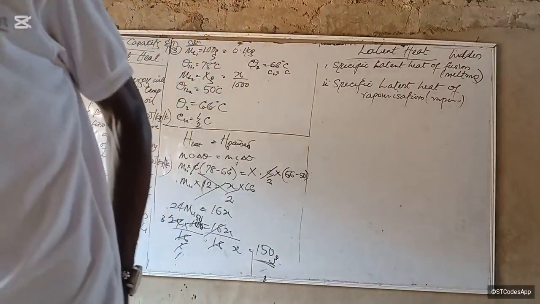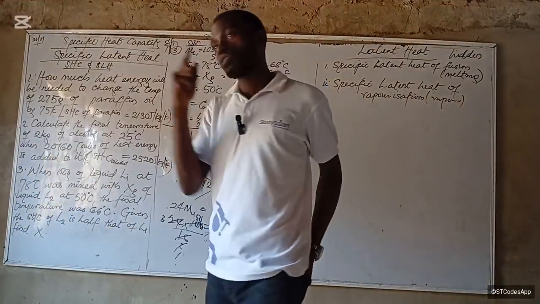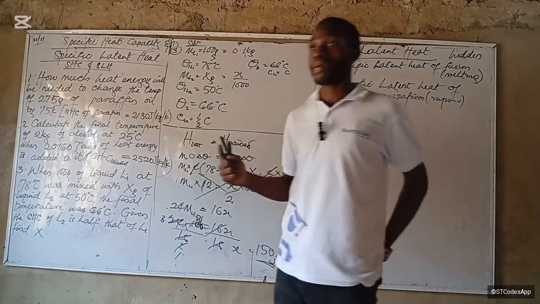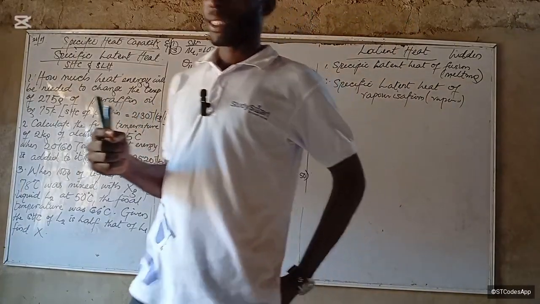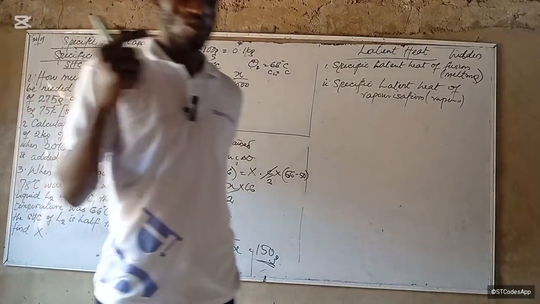It's always 1 unit mass. It's a measure of unit mass. Is that okay? To vaporize a unit mass of a substance.